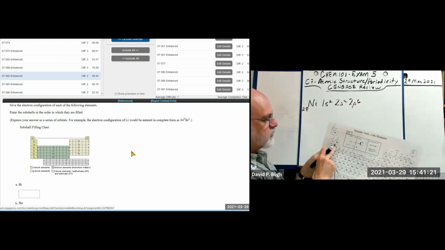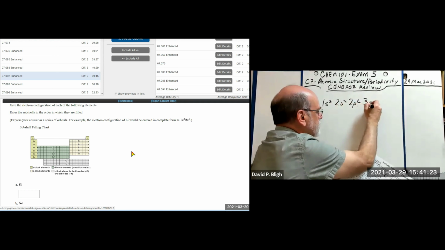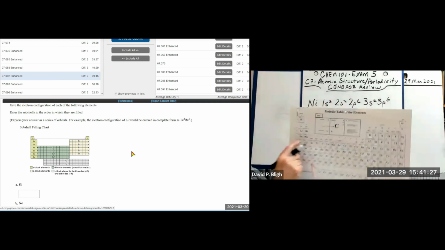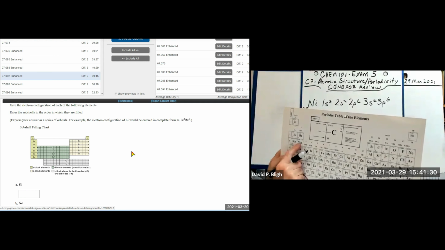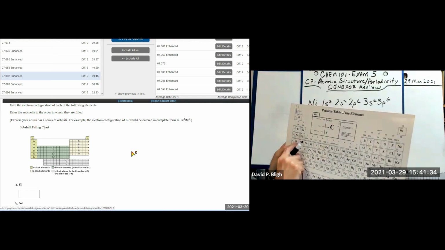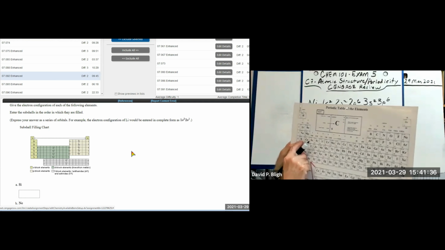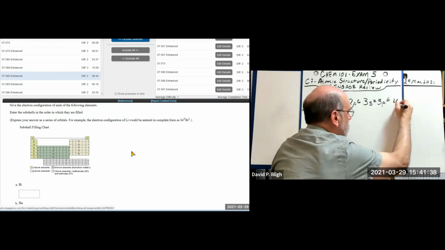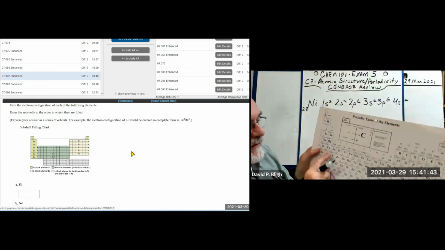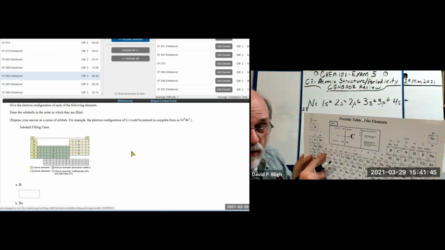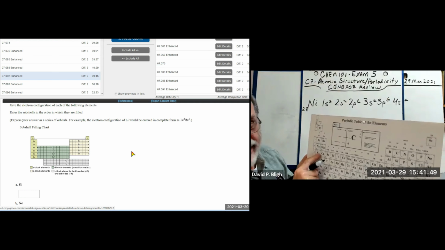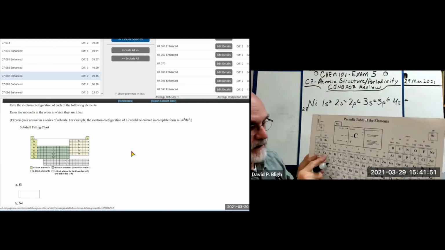Then we come back down to 3. 3s2, 3p6, that goes all the way to argon. Then we come back over here to 4s2, which takes you to calcium. Then we get into transition metals. Now we're back down into d, only not n equals 4, n equals 3.